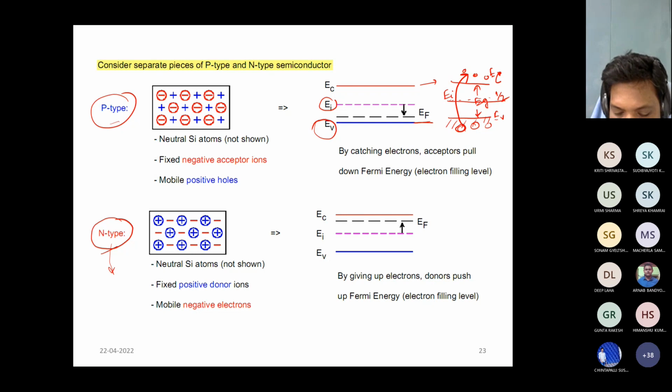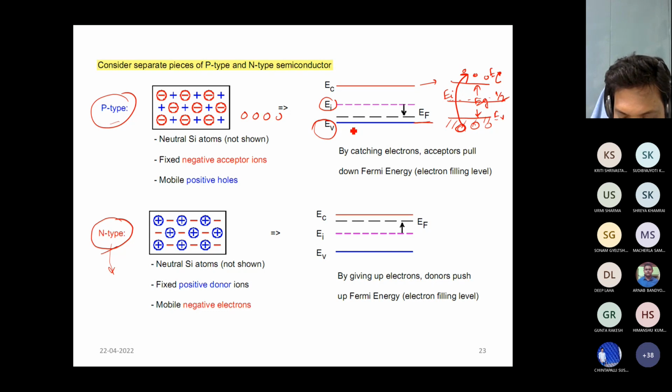Okay. So now you can imagine the p-type semiconductor. In a p-type semiconductor, by doping with extrinsic atoms, that is aluminum or boron, we are creating some additional holes in the valence band. Creating holes indicates that not all the electrons are filled.